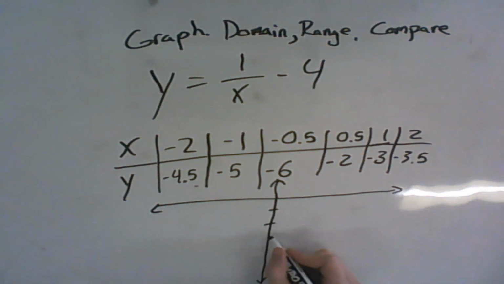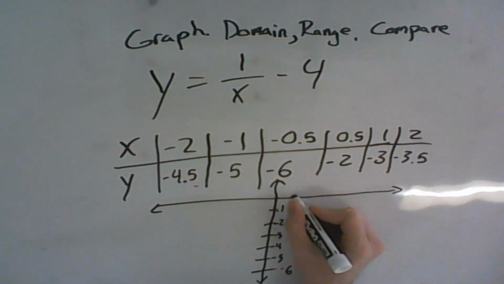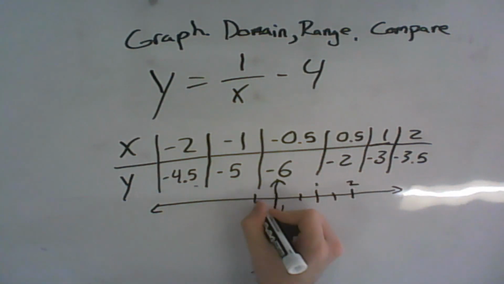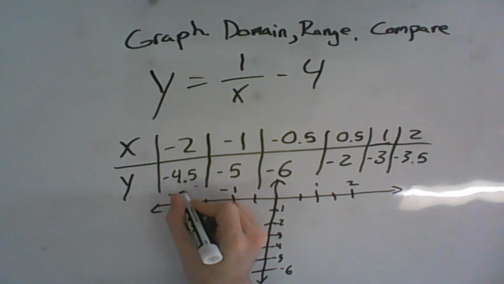-1, -2, -3, -4, -5, -6. So we're going to do 0.5, 1, and 2.